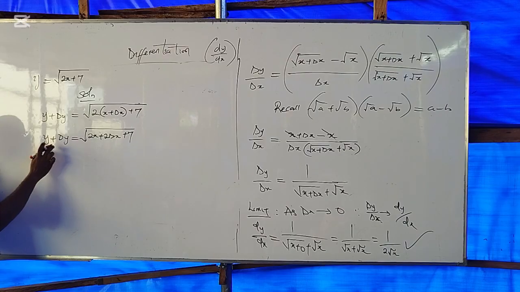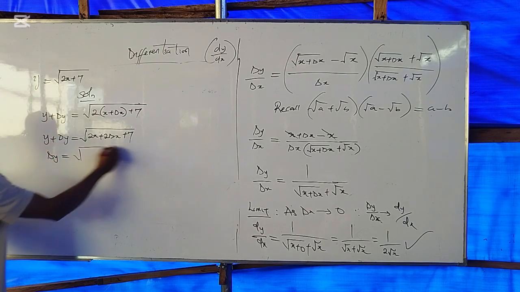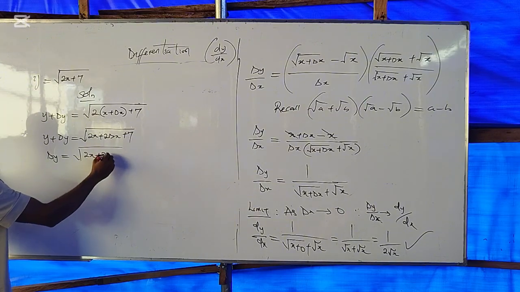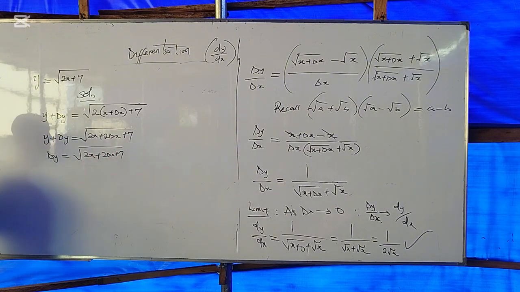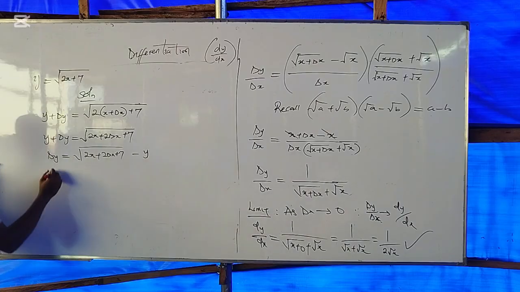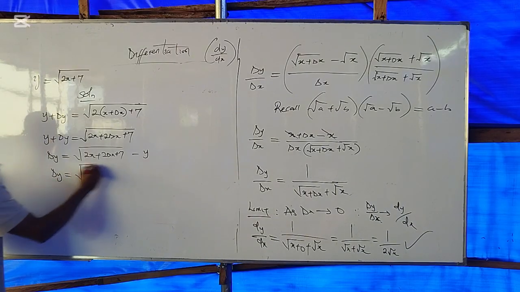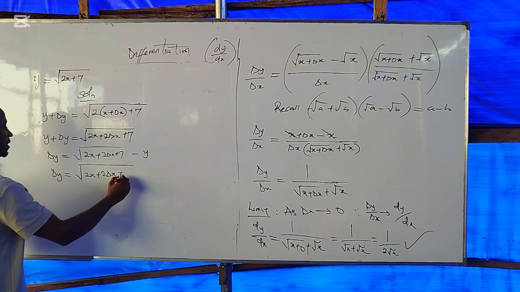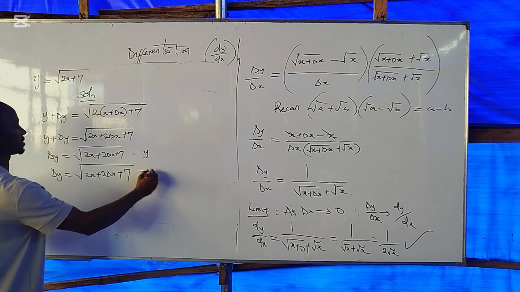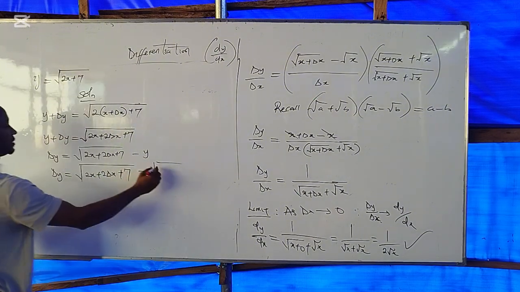By the time we move this to the other side, delta y becomes square root of 2x plus 2 delta x plus 7, minus y. So delta y becomes square root of 2x plus 2 delta x plus 7 minus square root of 2x plus 7.